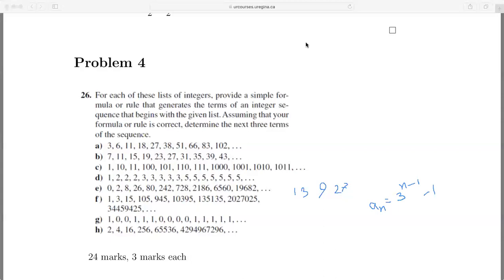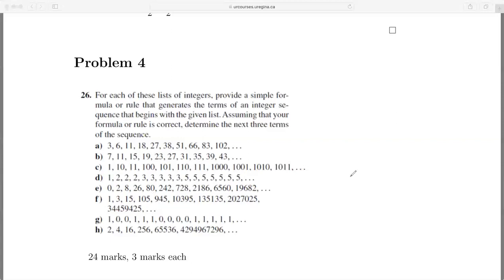That's it. So the next one is F. Here, if you look closely, the second term is the first term multiplied by 3. This term is the second term multiplied by 5. This term 105 is the third term multiplied by 7.